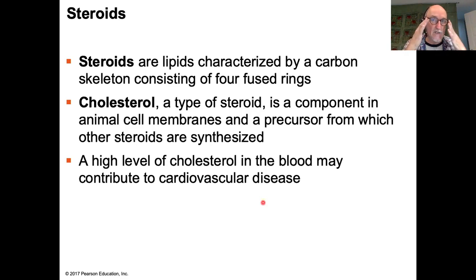We always associate cholesterol with poor health outcomes, but in fact, cholesterol is an essential nutrient for human beings and for animals, and all other steroids are developed from cholesterol. It's true, a high level of cholesterol, particular kinds especially, in the blood can contribute to cardiovascular disease. But cholesterol is an essential nutrient.